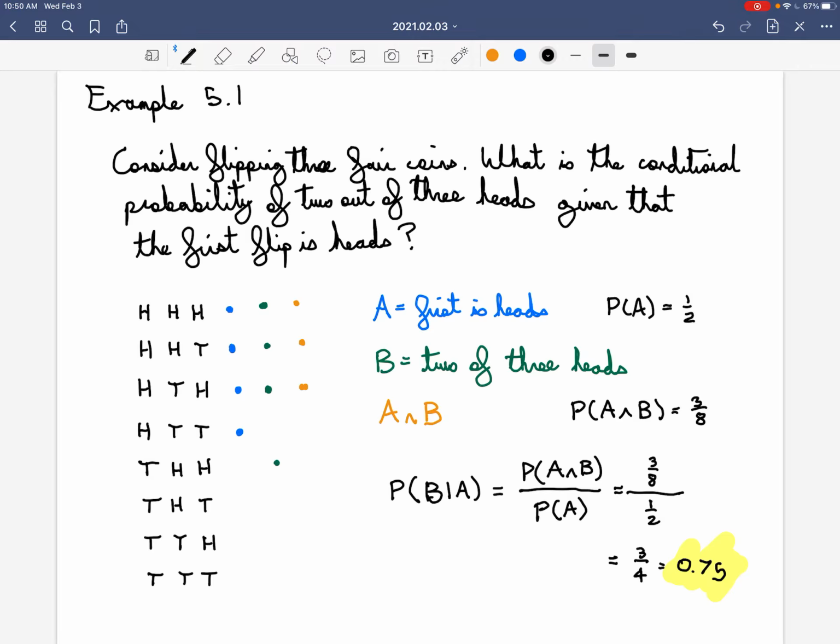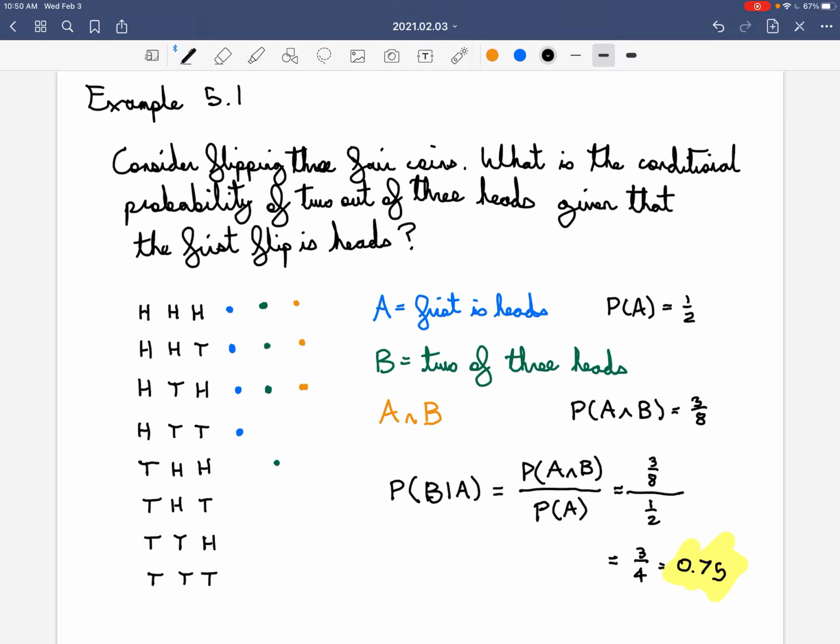So because this is the very first example we're doing with conditional probability, we can approach it by listing out the entire sample space because it's so simple.